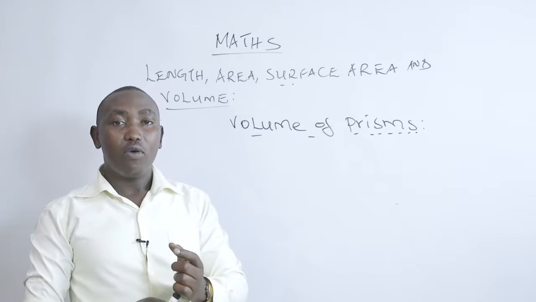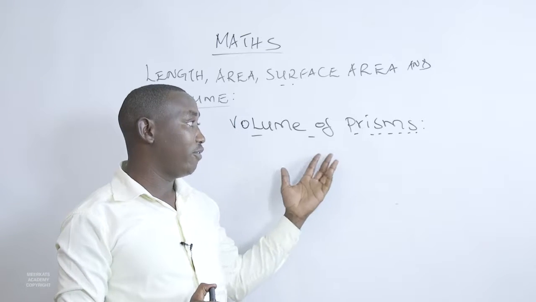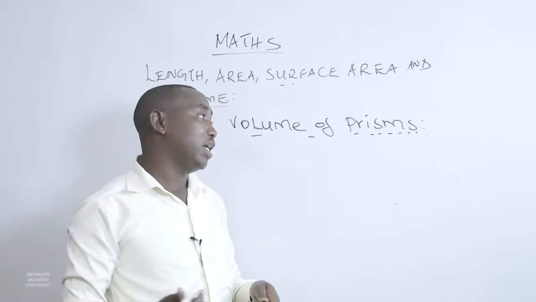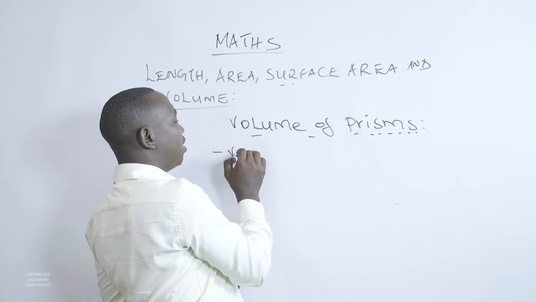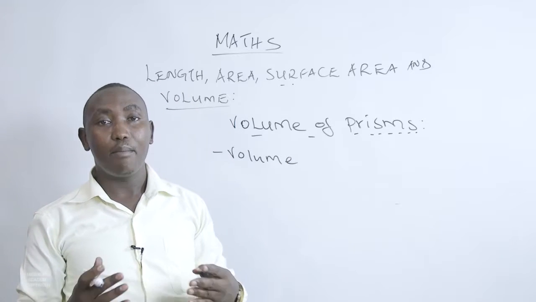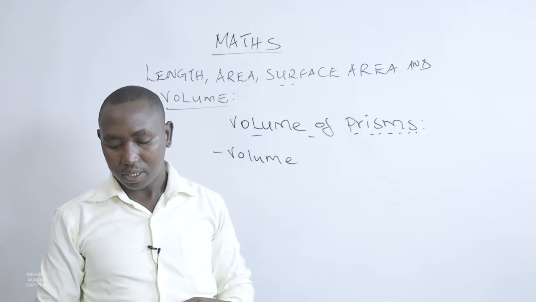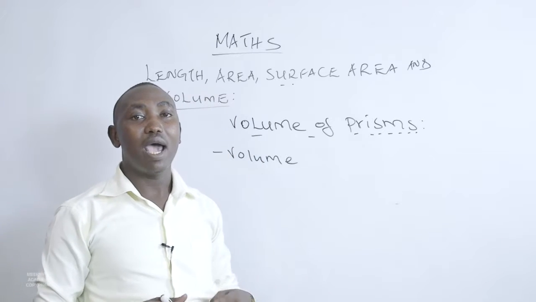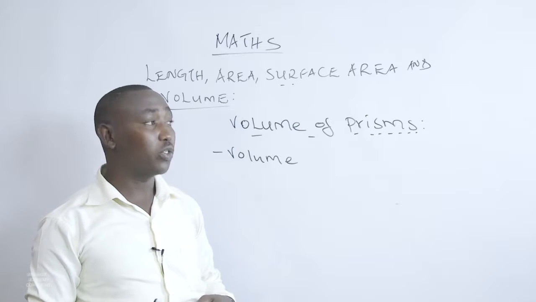So I want to look at how we can find the volume of prisms. At this juncture, it should be understood that whenever we are talking about volume, we are talking about the number of cubic units that are contained or that are occupied within a 3D figure or solid.